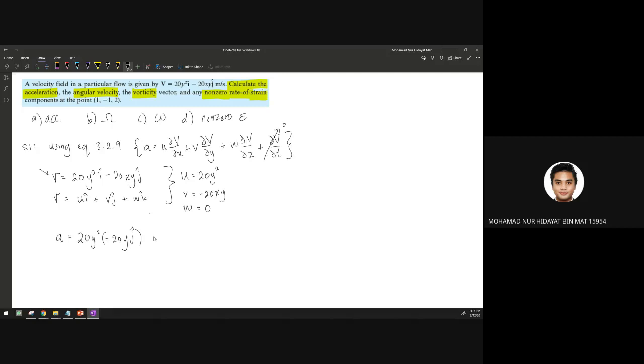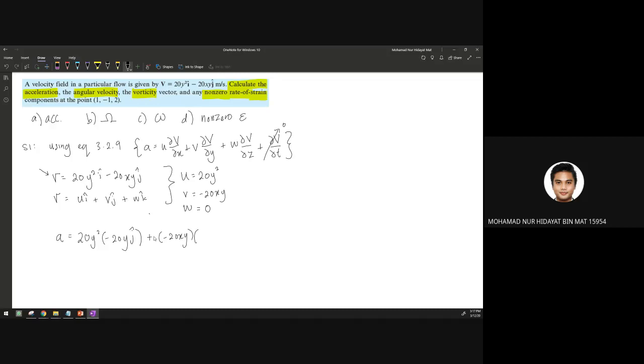And then next is plus small v, which is negative 20xy, and the differential of v with respect to y. So you have to differentiate the whole thing with respect to y, one by one.